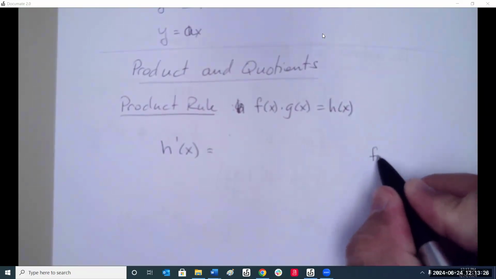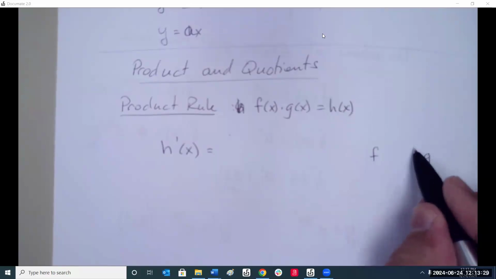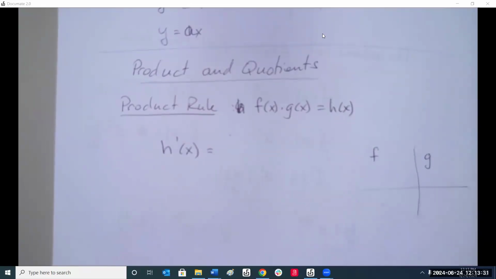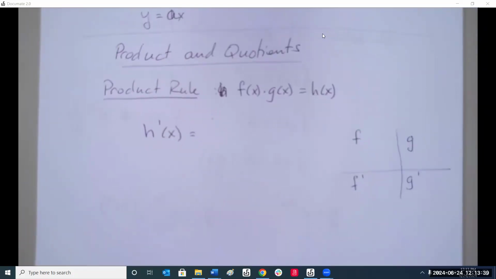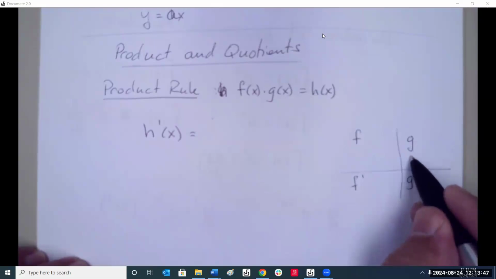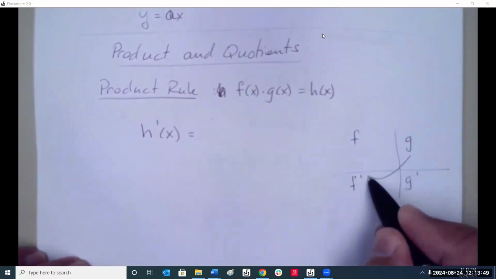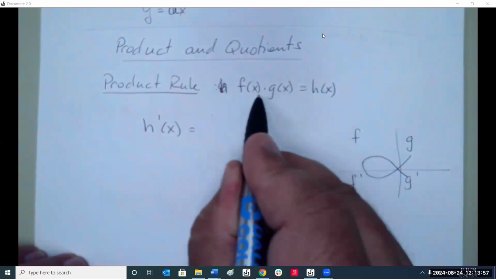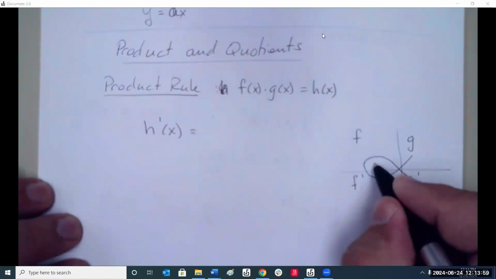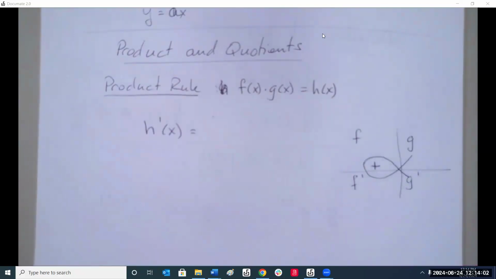All right, so here are two functions, f and g. Find the derivatives of both of those. We will start in the first quadrant and we'll make a fish. When you multiply things, you make them bigger, so we're going to use the plus sign between them.